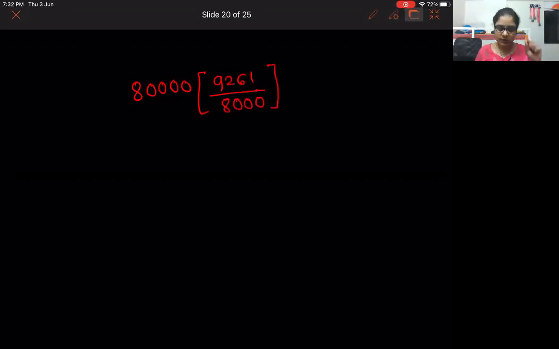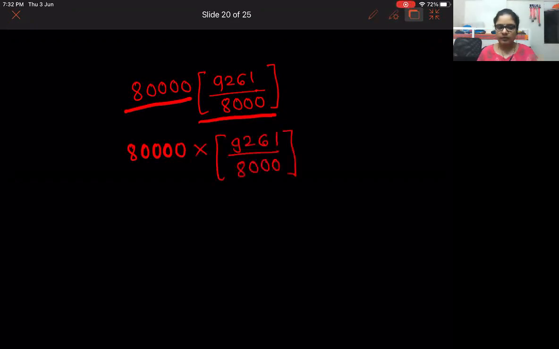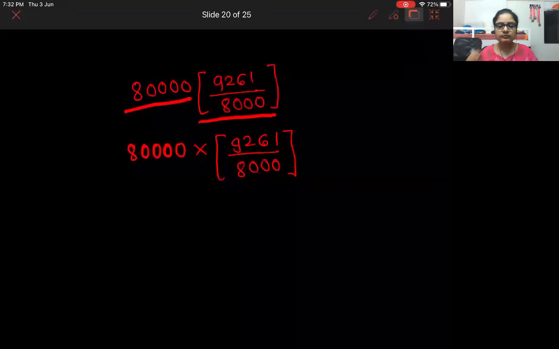See, when there is no sign between a number and a bracket, it is considered as multiplication. This means it is 80,000 multiplied by 9261 upon 8,000. Okay, ma'am. I was confused about why it is 9261. Now I am clear.